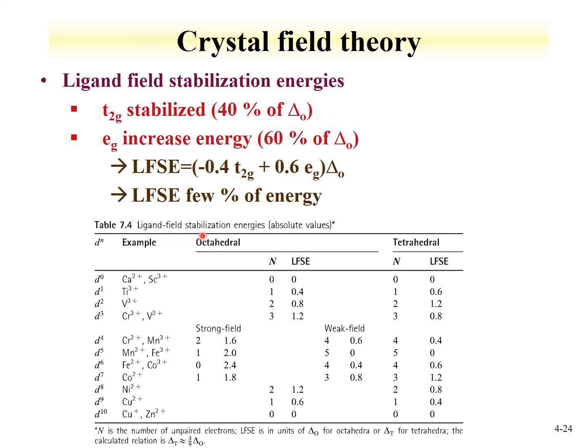And then here are some stabilization energies that are given for different metal ions from d0 to d10 for both the octahedral and the tetrahedral fields, for both strong and weak fields, and we'll describe these strong and weak field terms.